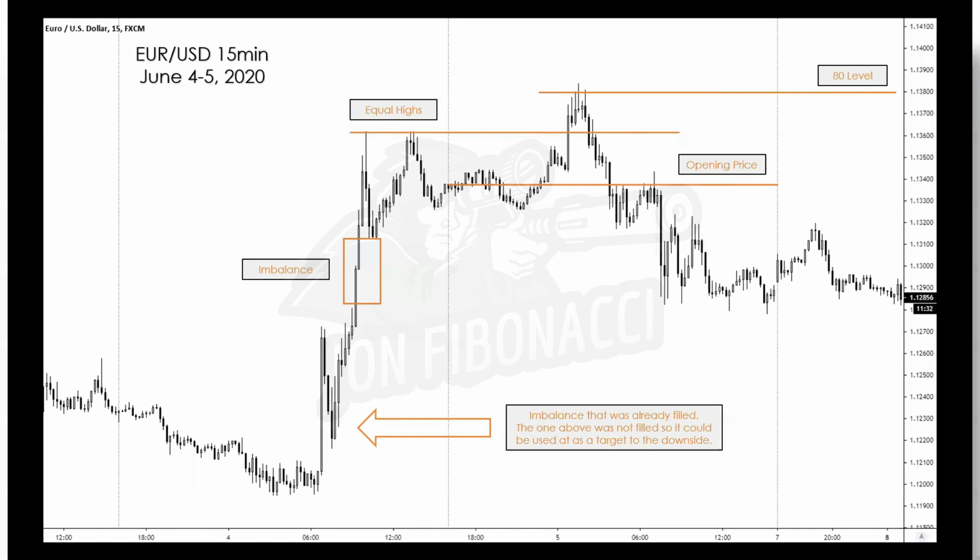Someone asked if you have an imbalance on the 1 hour, and if you go to the 15, it's already filled, what would you do? Would you go with the lower time frame or the higher time frame? We're actually going to get into that example because we saw it on GBP USD this week, which was also called out. But let me ask you: high time frame or low time frame, which one's more important?